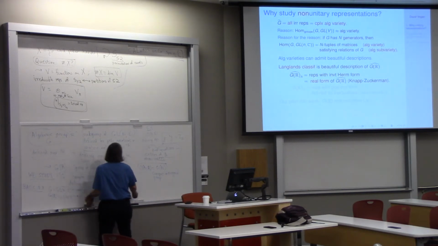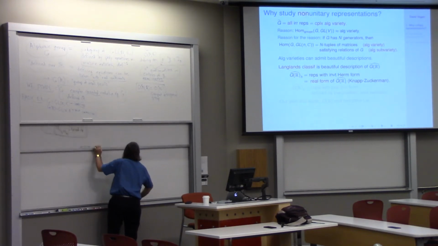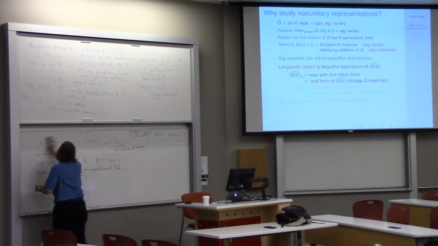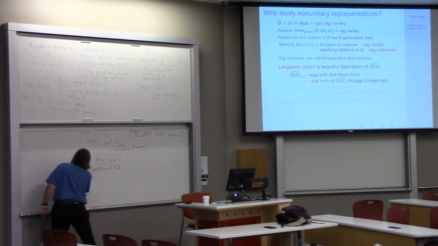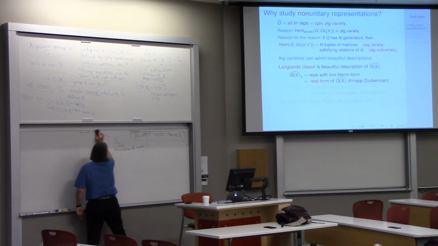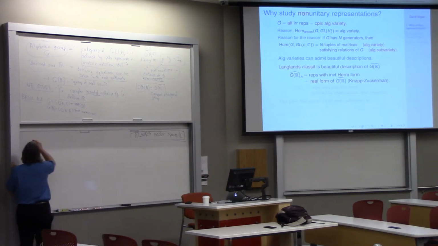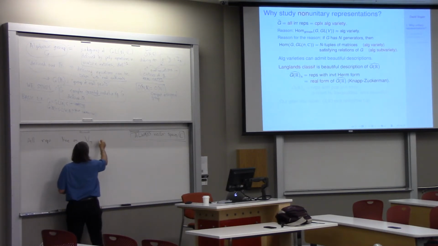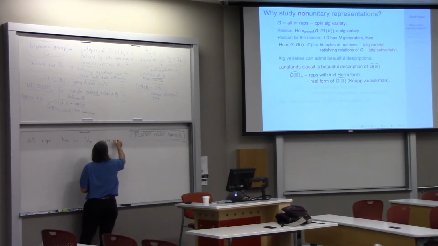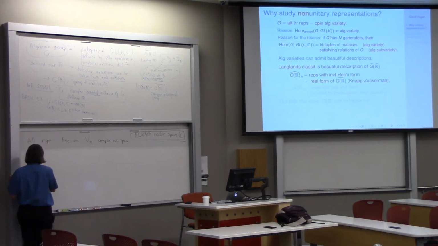So roughly the picture is, a representation lives on a complex vector space.